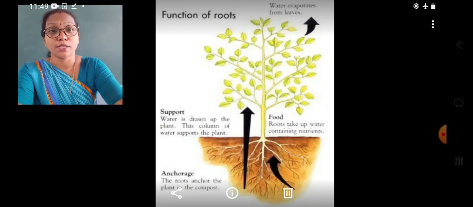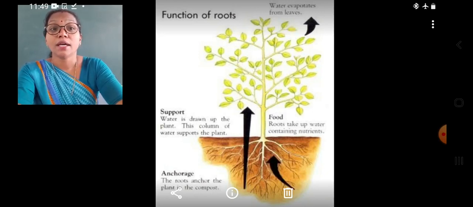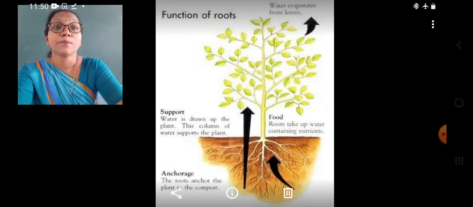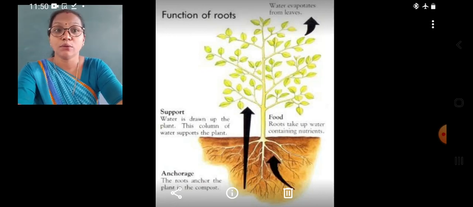For this process, the water and minerals present in the soil need to reach the leaves, and this water and minerals are supplied to the leaves by the roots. They absorb nutrients and water from the soil and give it to the leaves through the stem. The stem carries the water to leaves. Then students, that is the second function of the roots.